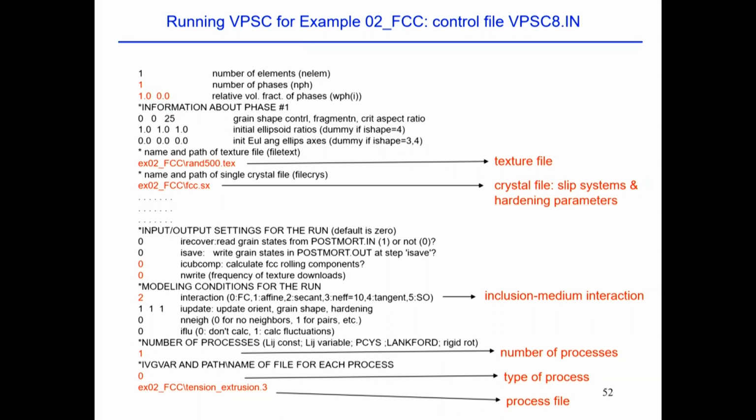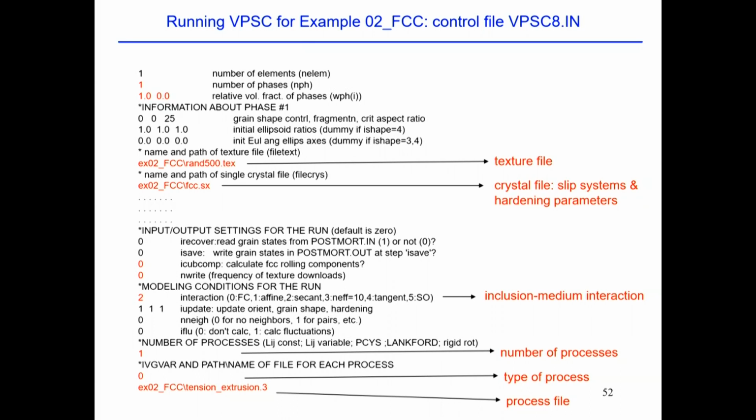I'll explain. What is in red is what you will be using during these examples. The others, I can go into that, but you're not going to be using the other parameters during the examples.